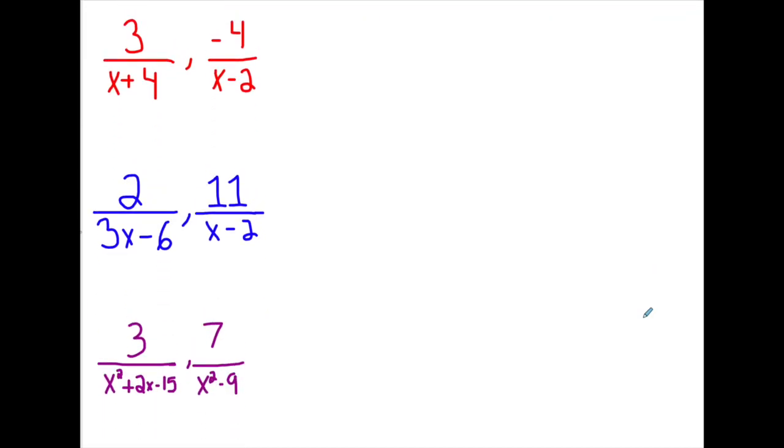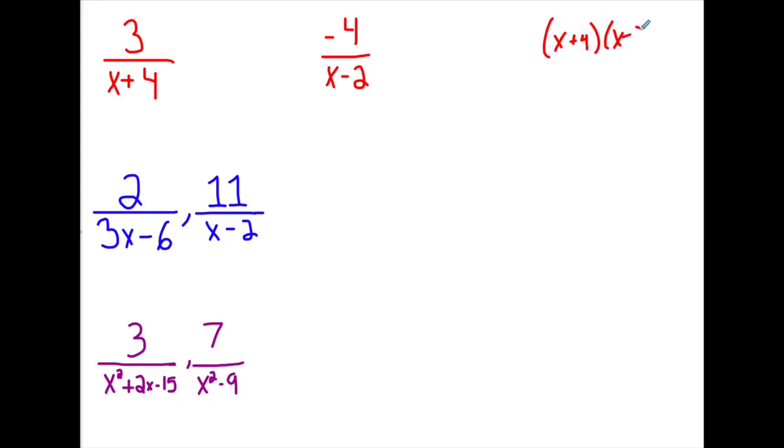Okay, so let's take a look. So here, remember what I said. This is the scenario where you just take them and meld them together. Remember, we said that the LCD was x plus 4, x minus 2.